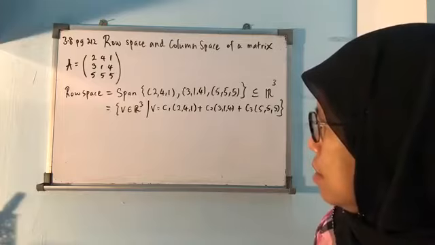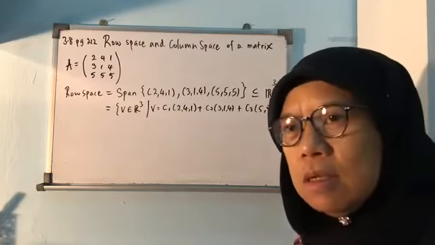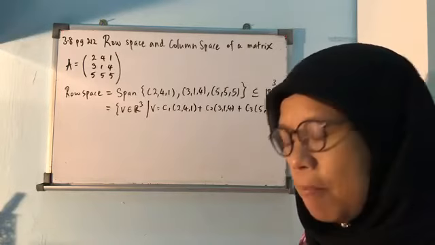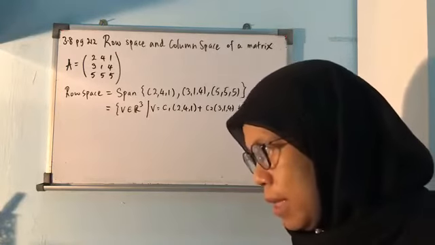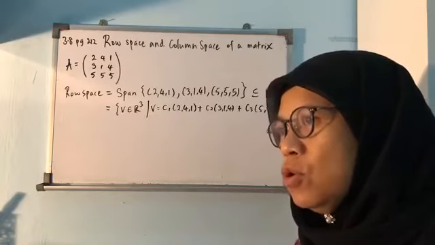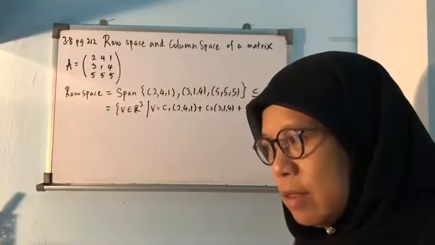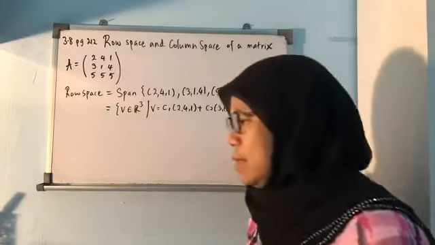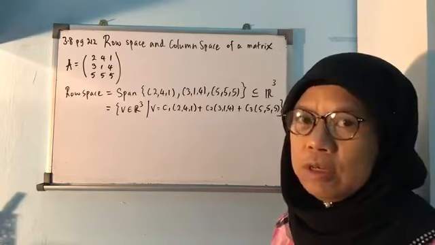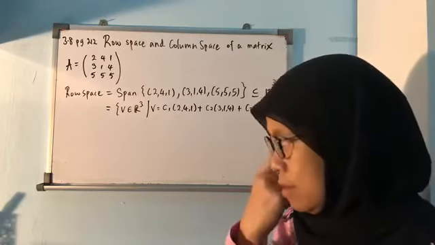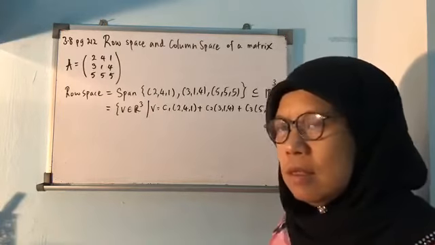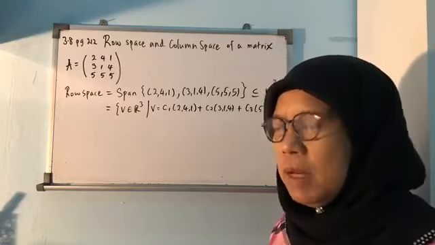What is the span? A subspace of R3 can be a plane. Okay, it can be a plane. It can also be a line. It can also be a point, right? Okay, a point 0, 0, 0. It can be a line. This is three-dimensional. It can be a plane.